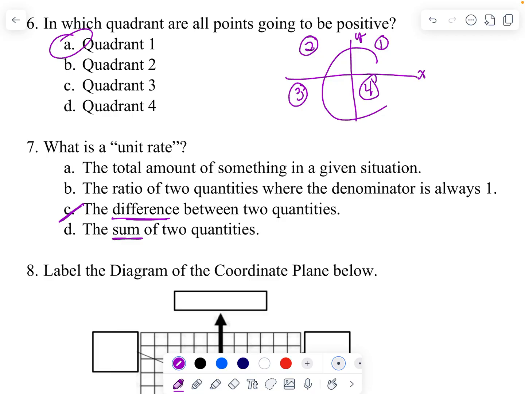Sum means we're adding, also not a unit rate. So what we have to remember is that on the topic of rates, ratios kind of go hand in hand. Also, the key thing here is that a unit rate is typically about prices, especially like a grocery store, but it always has a denominator of 1 depending on what we're talking about. So that would be choice B.